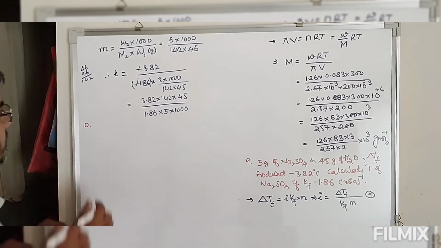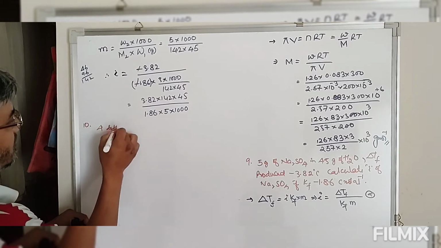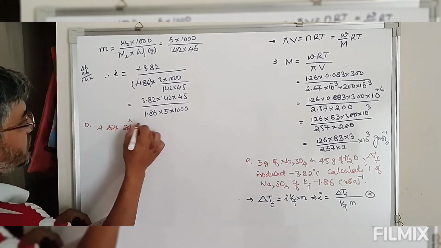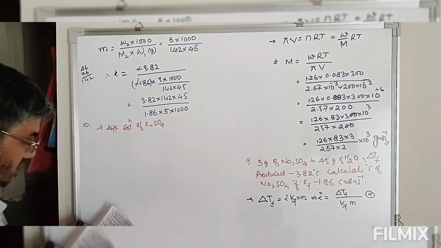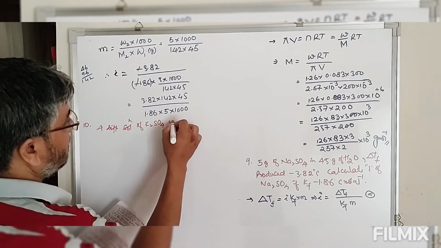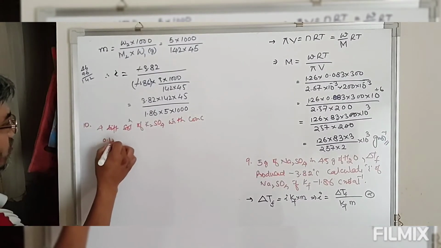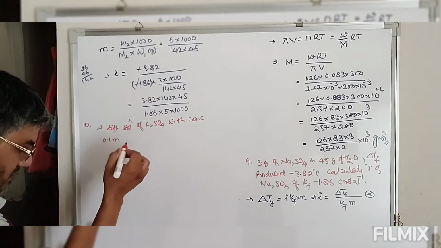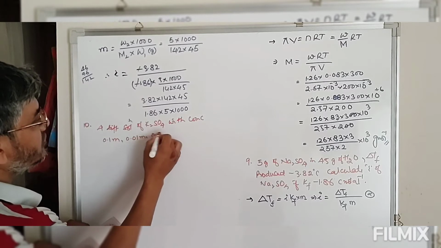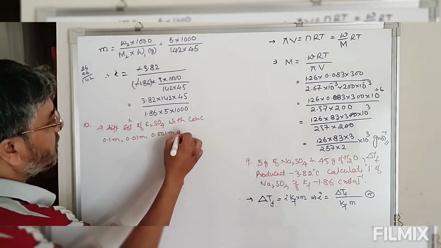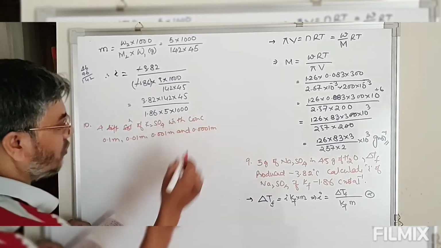Next question is, we have 4 different solutions of K2SO4 with concentrations 0.1 molar, 0.01 molar, 0.001 molar and 0.0001 molar.